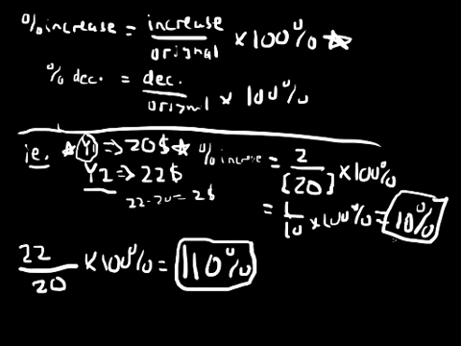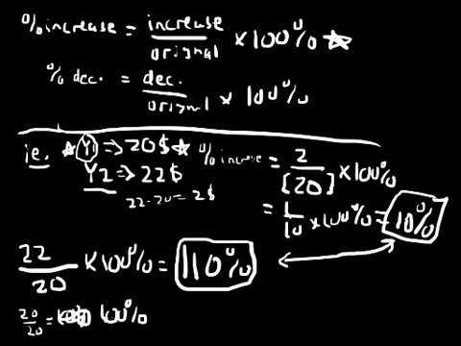And with this percent increase, you kind of know when you have things right when you see a similarity between the 10 and the 110. This comes from the fact that if you had 20 over 20, you're earning the same as last year. That's 100%. That means I'm making as much money this year as last year.